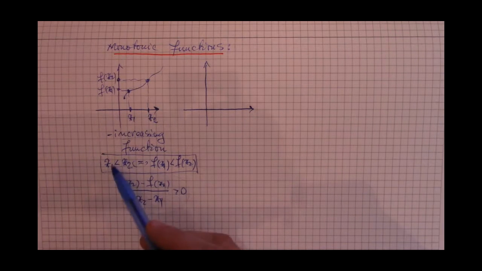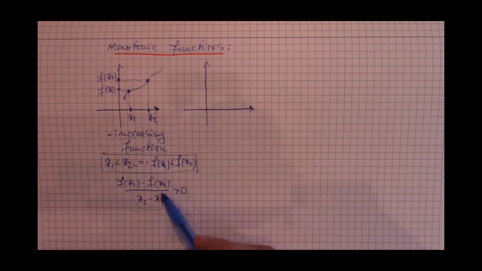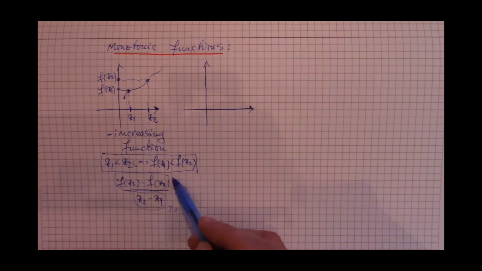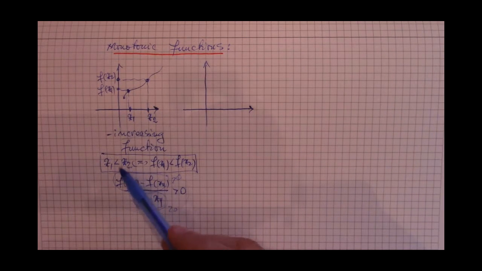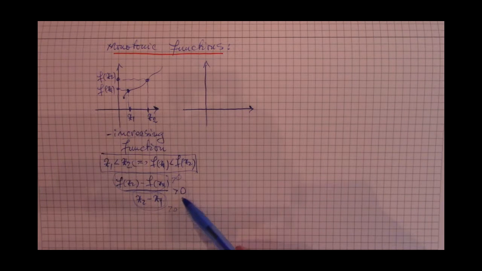This expression says that x1 is less than x2, or in other words x2 minus x1, this denominator, is positive if and only if the numerator is positive. So either we say this or we look at this fraction being positive, which is the same thing.